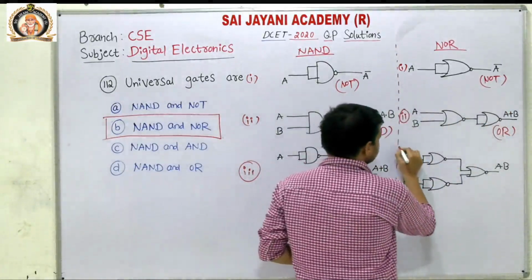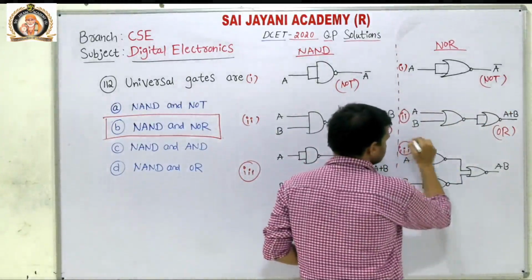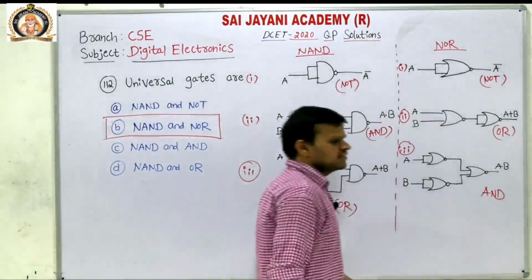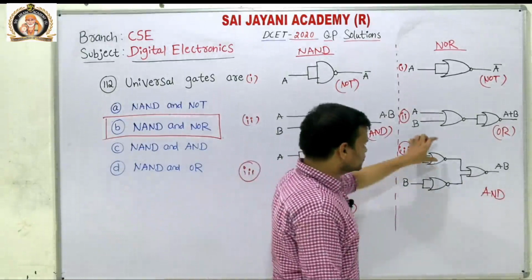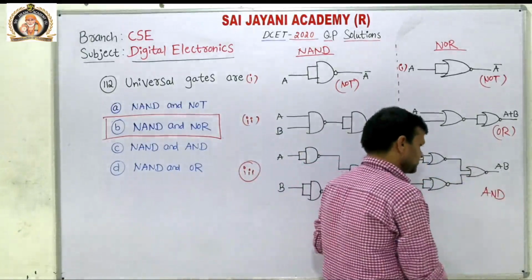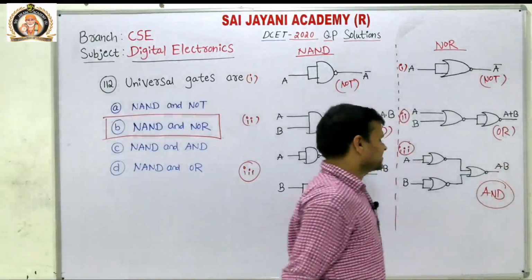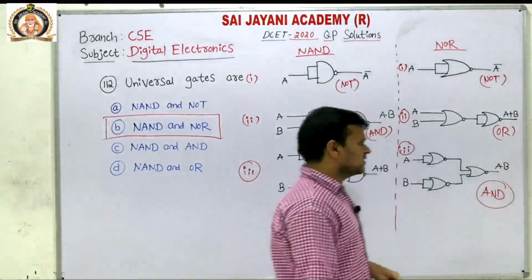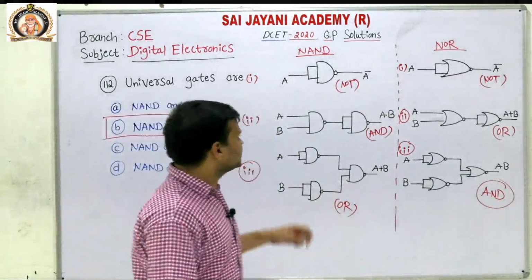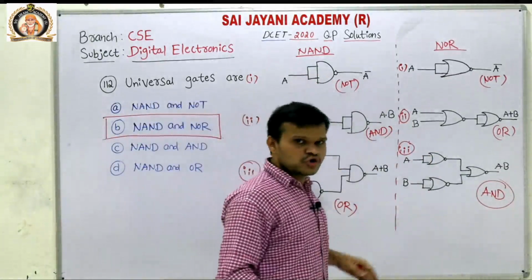Similarly, in third case, AND function is implemented by connecting two separate NOR gates to the two input NOR gate, so that AND function is implemented. In this way, we can implement any Boolean functions by just using NAND and NOR gates.